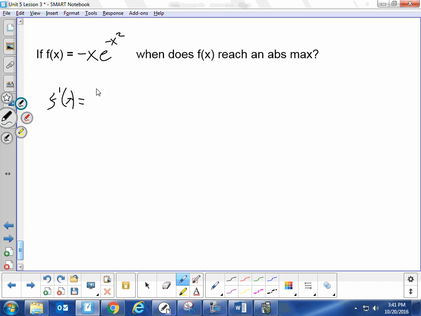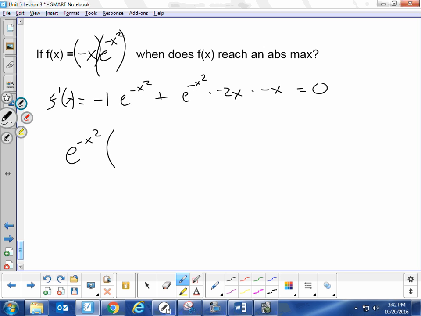I take the derivative of this. I have to use the product rule: derivative of the first times the second plus the derivative of the second times the first. Derivative of e to the power is e to the power times the derivative of the power. Okay. I'm going to set that equal to 0. How to solve something set equal to 0 with e's in it? Factor out the e.